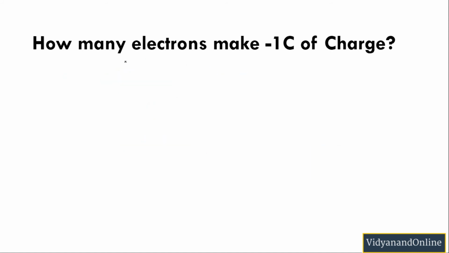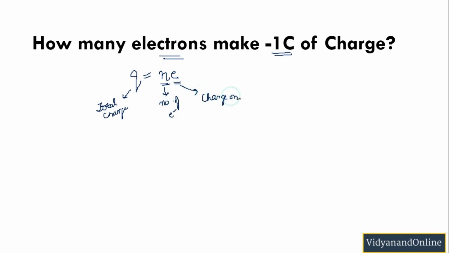Now the very important question, how many electrons make minus 1 Coulomb of charge? So for this we have the formula Q is equal to N into E. So the total charge depends upon the number of electrons and the charge on one electron. So this is the total charge. This is the number of electrons and this is the charge on one electron.